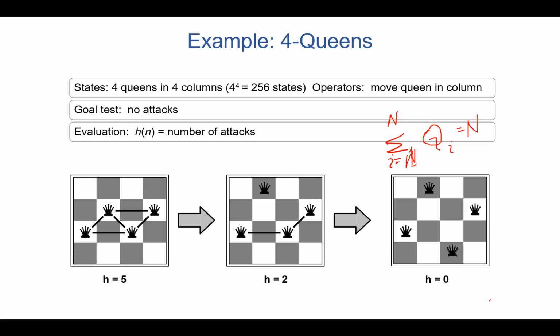We say that N equals 4, because we have 4 queens.